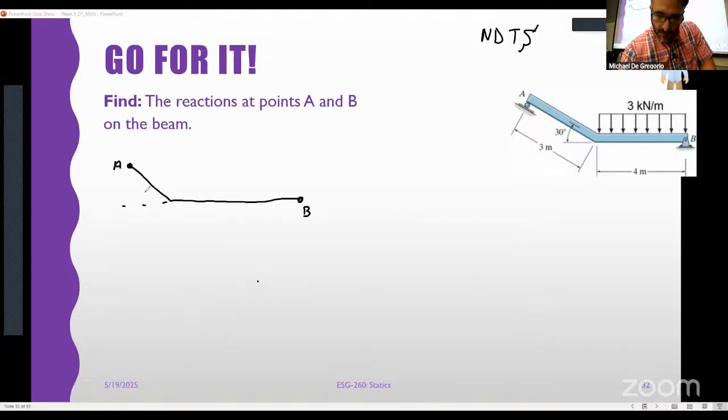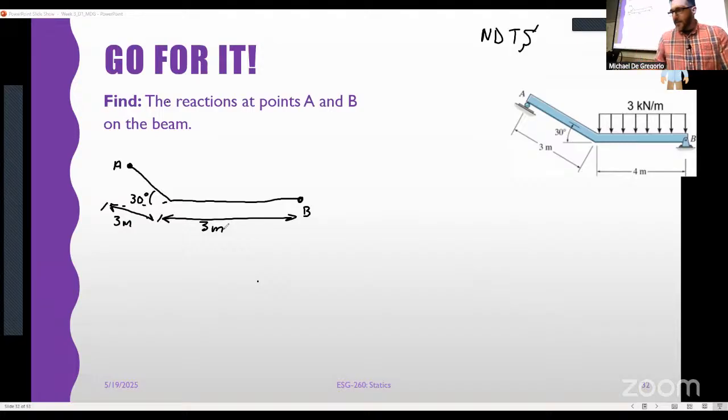I'm going to put in my angles first. I know some distances from here to here, 3 meters. From here to here, sorry, 4 meters. All right, I didn't put the force in yet. What's the best way for me to represent this force?